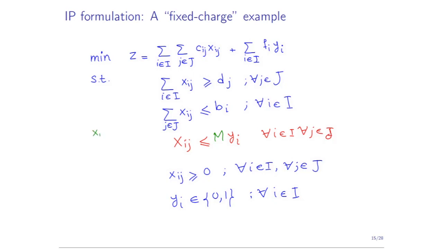If xij is 0, I will have 0 here. Then yi can be either 0 or 1. In both cases, it is satisfied.